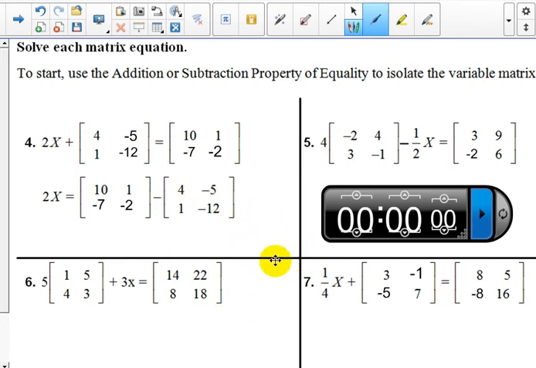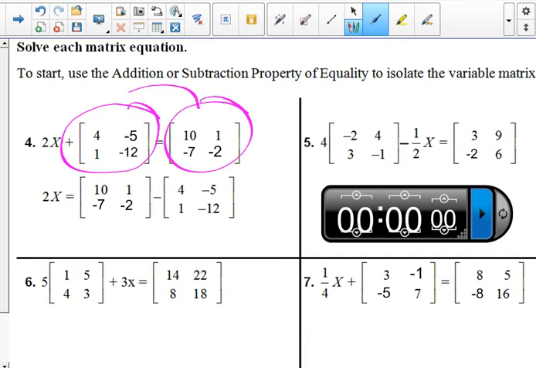But now we're going to do the same thing. So what are we going to do? Subtract this from each side. So you get 2x equals this matrix minus that matrix. There it is right there. So what's our next step? To subtract the two matrices.